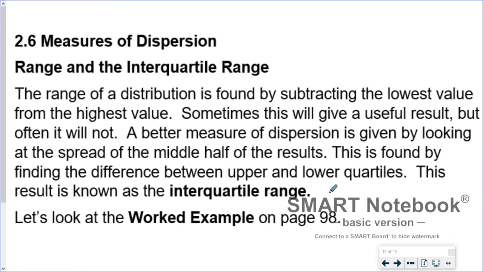So the interquartile range, which you will often see as IQR, we find by doing Q3 minus Q1. This worked example on page 98 looks at those same cumulative frequency curves that we made earlier from batteries A and B, and uses those curves to find Q3 and Q1 and subtract them to get the interquartile range.